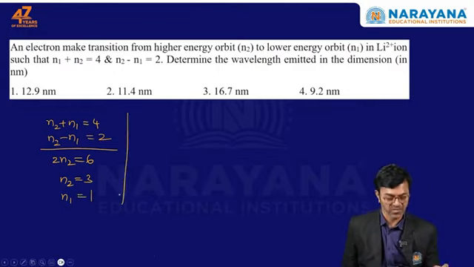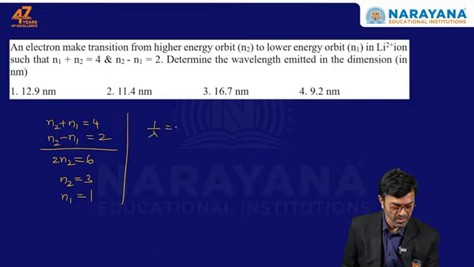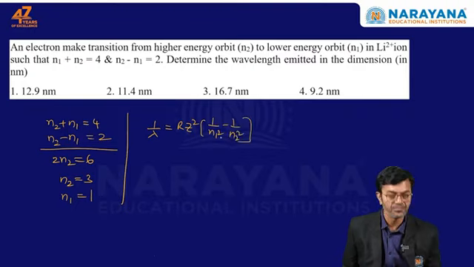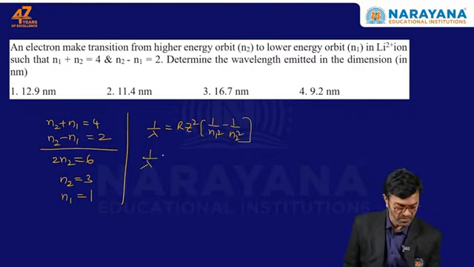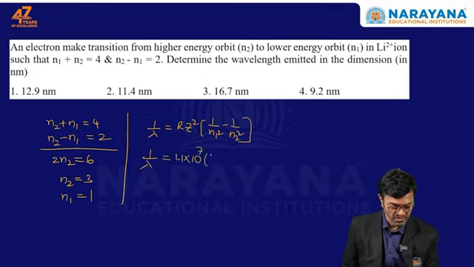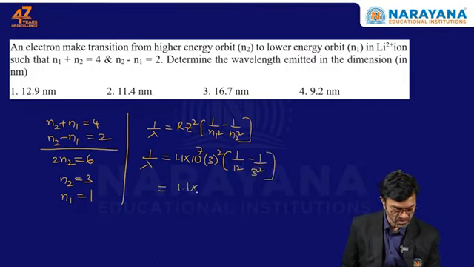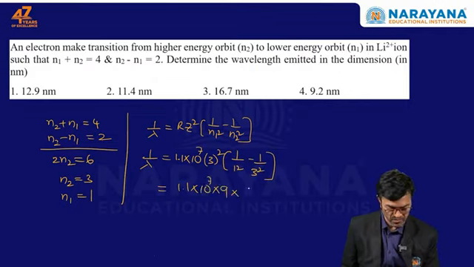We know Rydberg's equation, that is 1 by lambda is equal to R Z square into (1 by N1 square minus 1 by N2 square). So 1 by lambda, taking the R value approximately 1.1 into 10 to the power of 7 per meter. Z for lithium is 3, so Z square is 9, into (1 by 1 square minus 1 by 3 square). So 1.1 into 10 to the power of 7 into 9 into 8 by 9.